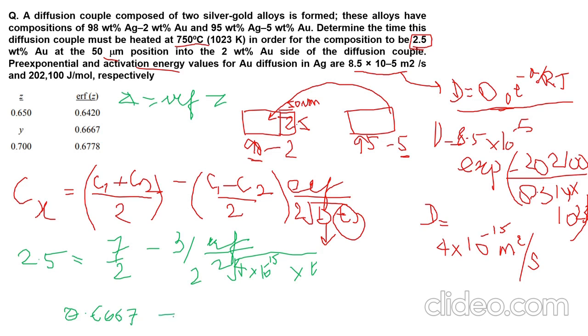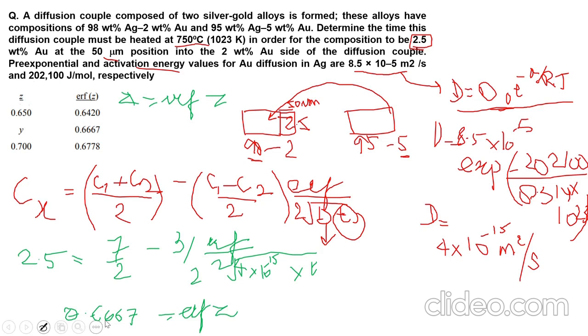That will be equal to ERF of z. So then after that you have to use this table which is given here, which gives the values of z and ERF.